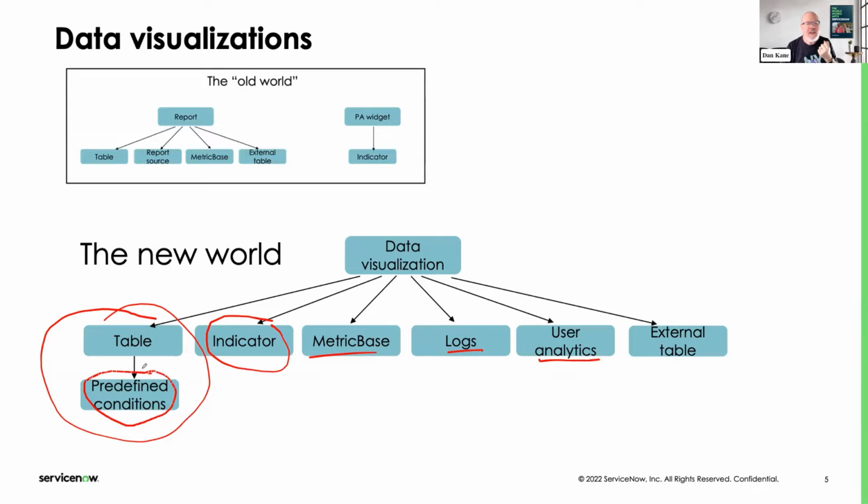What that means is you can set up for users, instead of them having to figure out how to write their own query, if they really don't know the data as well, you can provide, say, for the incident table or the HR case table, a predefined query that will give the users the information that they really need for their report. But the main thing is that it's a data visualization. There's no difference between PA widgets or report widgets.